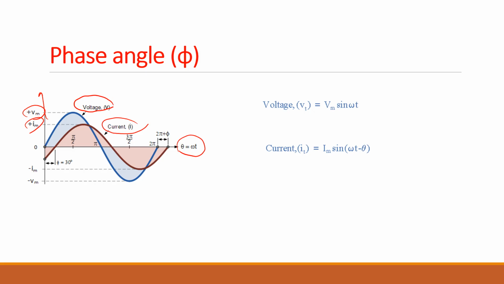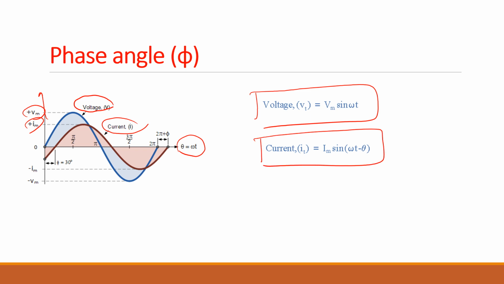So you can see voltage is starting at 0 and it is following a sinusoidal cycle. And if you look, the current is shifted. This one is starting at 0 and this one is starting after, like, it is shifted towards the right. Am I right? When it is shifted towards the right, it has a negative phase angle. If it is shifted towards the left, it has a positive phase angle.